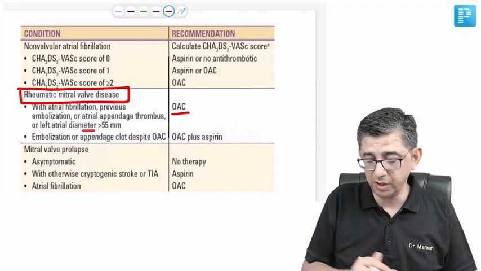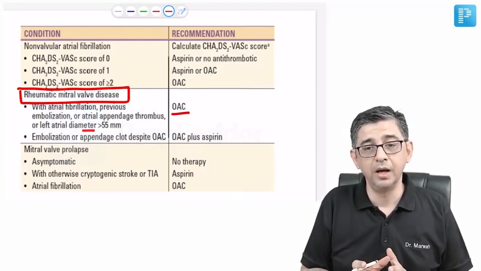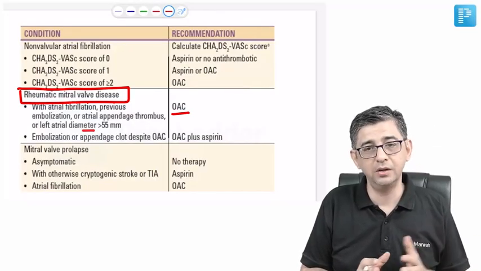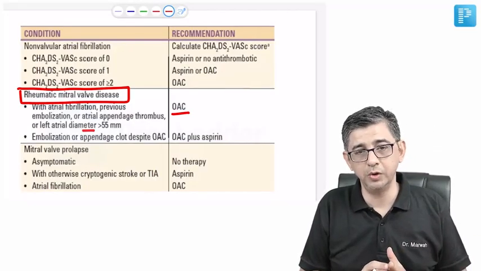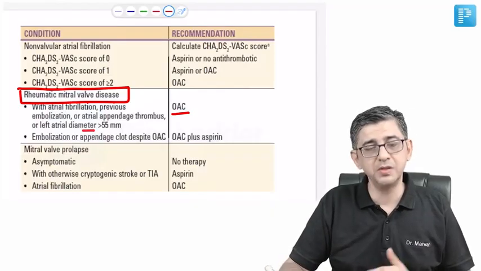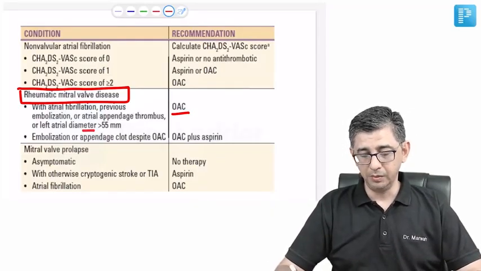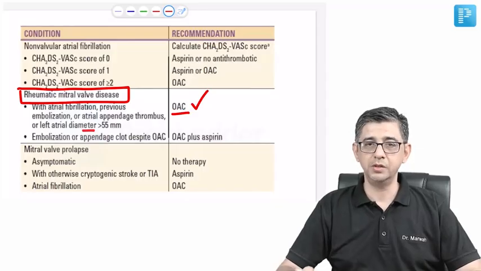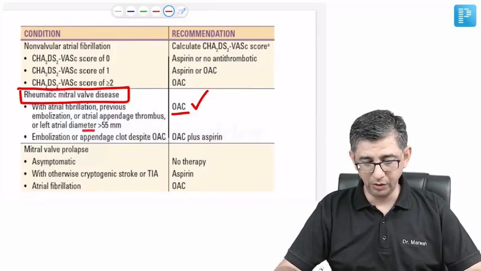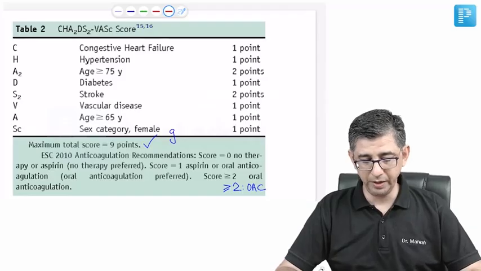Then it is warfarin which is to be answered primarily. But if it's a non-rheumatic condition, then the newer agents can also be used. The point is, in the majority of questions, your primary answer should be warfarin, and the tendency to answer with newer oral anticoagulant agents should be avoided.